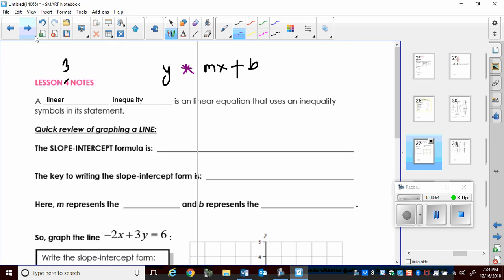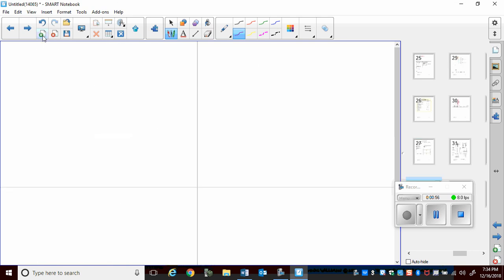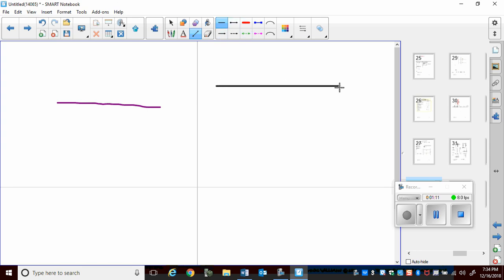So far we've only looked at inequalities in one dimension, from side to side, like on a number line. So I'm going to draw a number line real quick, with all my little tick marks.